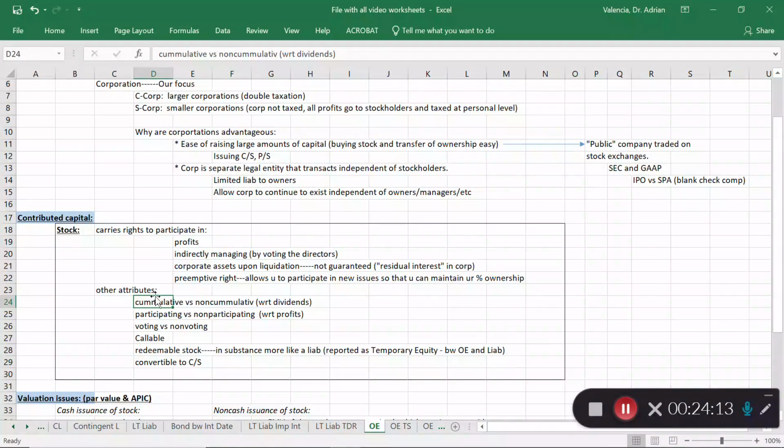In other words, in one way or another, you're going to pay for that additional positive feature. It's not like you're getting a benefit for free. So if you think participating is better, probably the participating shares are going to be trading at a higher amount than the non-participating. Keep that in mind as a general business thing.